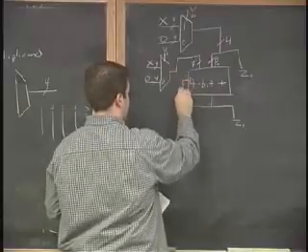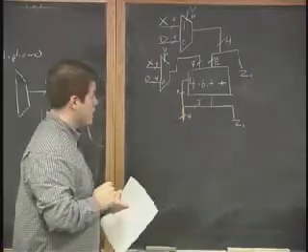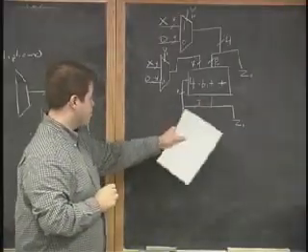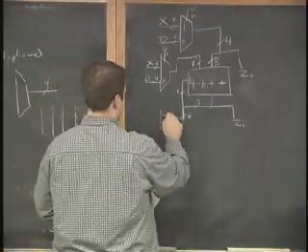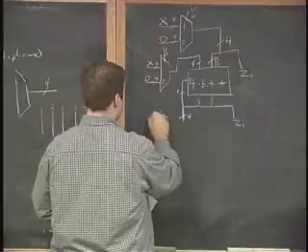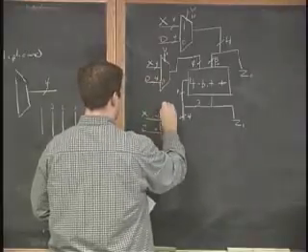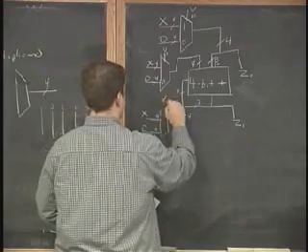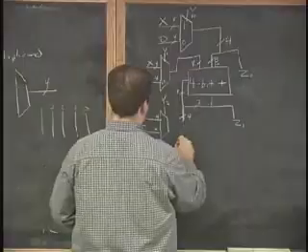So this is 1, this is 3, this is 4. Okay? So now I have 4 bits here, right? So I draw, again, X, 0, Y2. Okay? And then we go into another 4-bit adder.